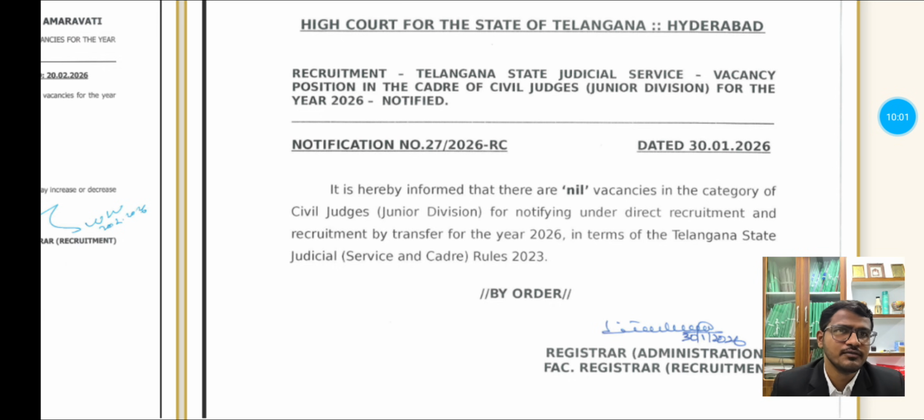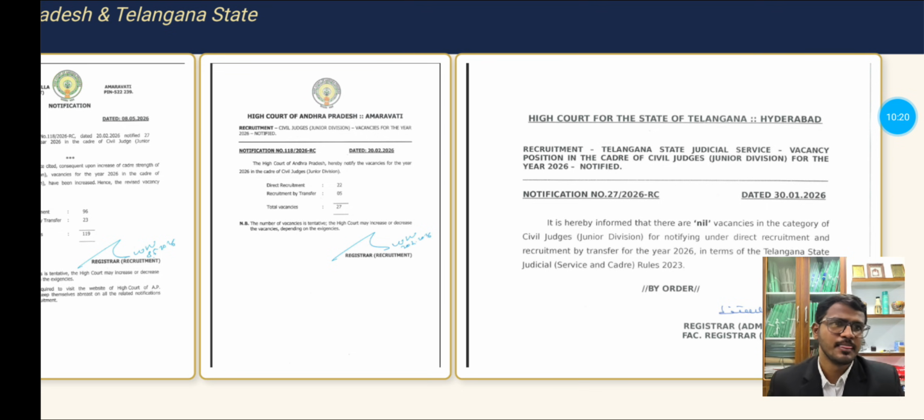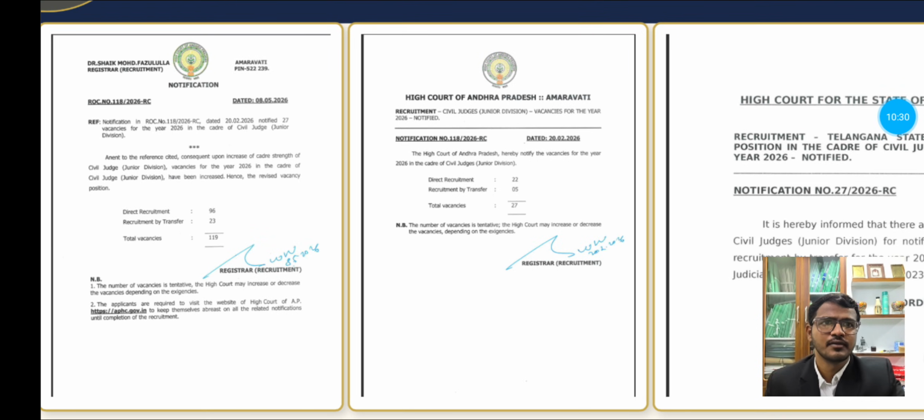It is hereby informed that there are nil vacancies in the category of Civil Judges, Junior Division, to be notified under direct recruitment and recruitment by transfer for the year 2026 in terms of the Telangana State Judicial Service and Cadre Rules 2023. Coming to this notification, in the upcoming months we might get updates from the High Court of Andhra Pradesh through the recruitment registrar.